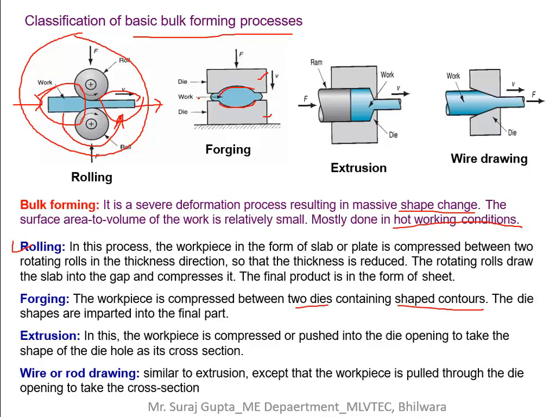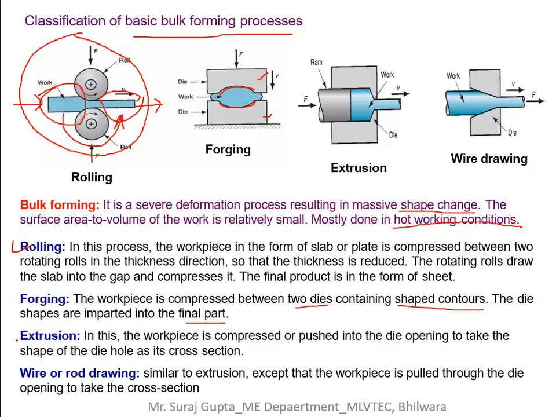So if we put the workpiece inside these dies and apply the forces in this direction, we will have a product in the shape of the cavity, or we can say the contour. The die shapes are imparted into the final product.